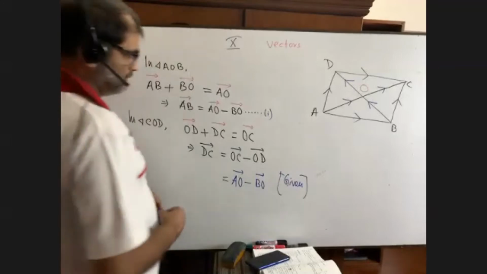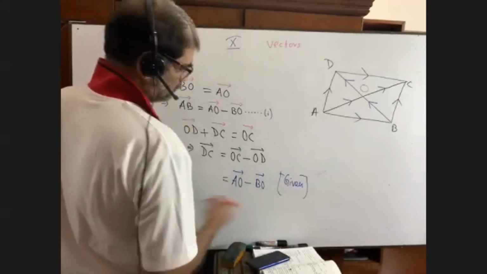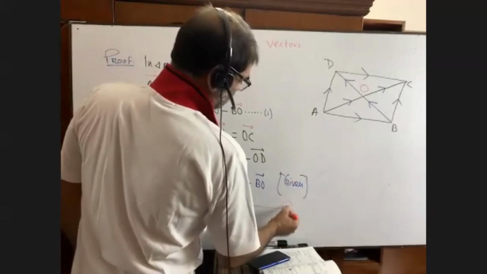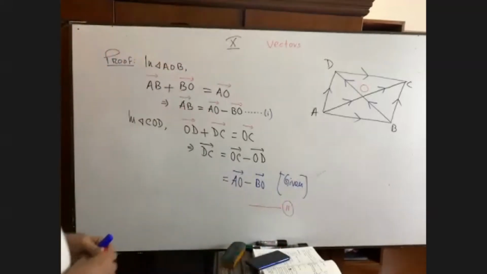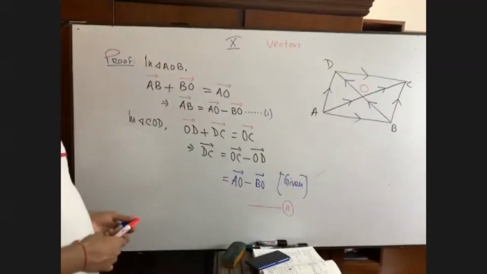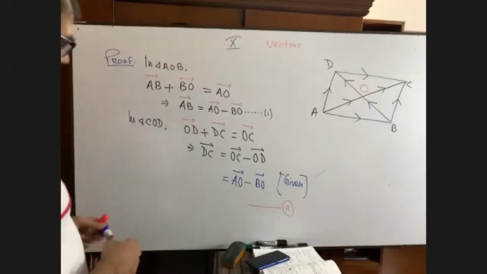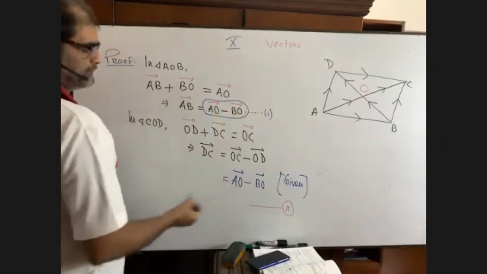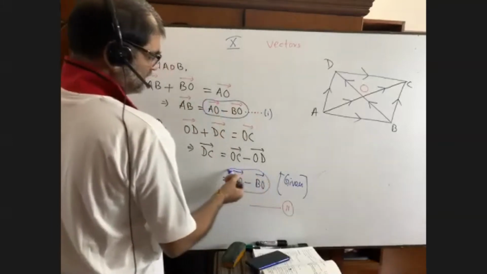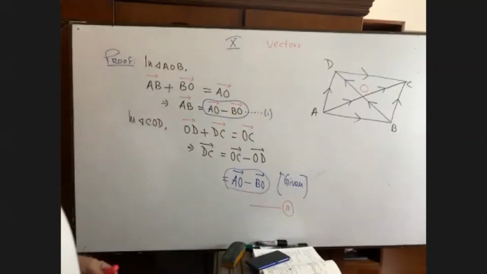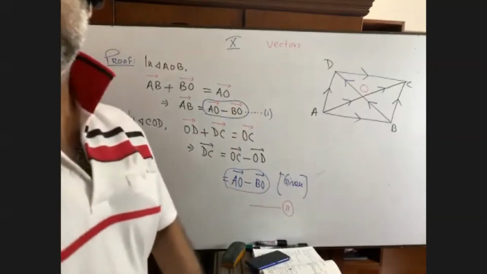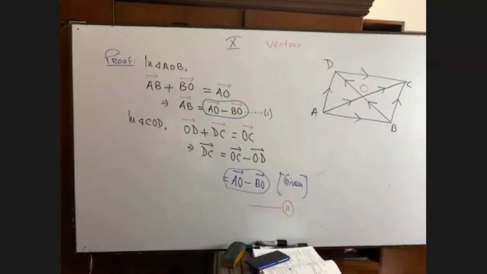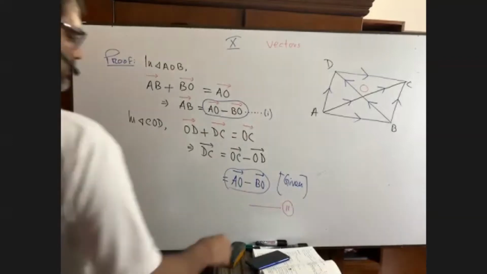Now you mark it as equation 2. Can you please compare the right hand side of equation 1 and 2? What is given here? AO minus BO. What is given here? AO minus BO, right? So their right hand sides are equal. That is, their left hand sides also will be equal.